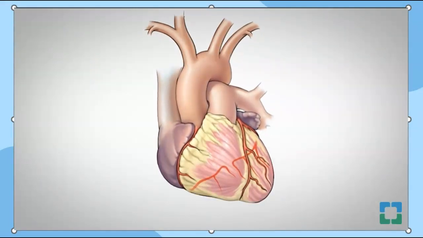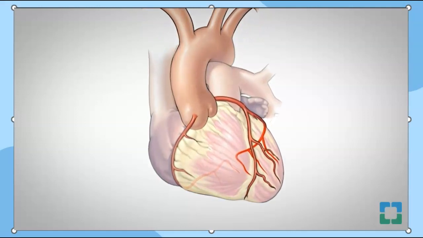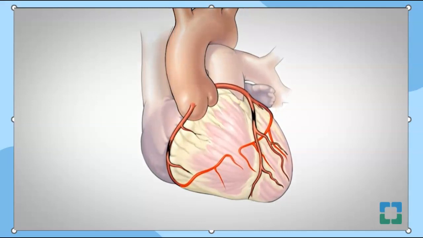There are three major blood vessels that supply blood to the heart. The left coronary artery, which divides into two major branches, and then the right coronary artery. And patients can develop blockages in those arteries that lead to heart disease. Coronary bypass surgery is utilizing either a vein or an artery to bypass the blockages.